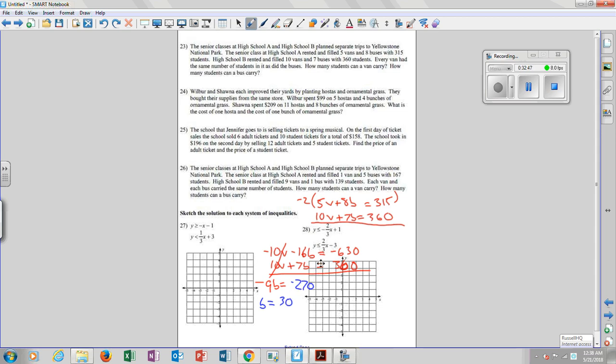So it's 30 people per bus. So we're going to plug that in. 10V plus 7 times 30 is 210 equals 360. Subtract the 210 over, you get 10V equals 360 minus 210 is 150. So V equals 15. So we have 15 per van and 30 per bus.